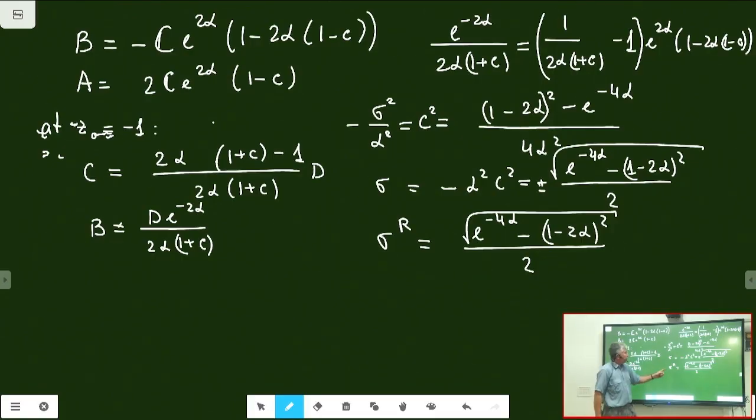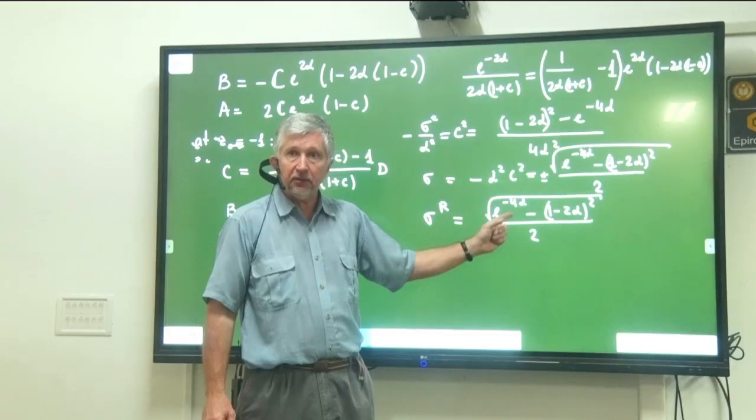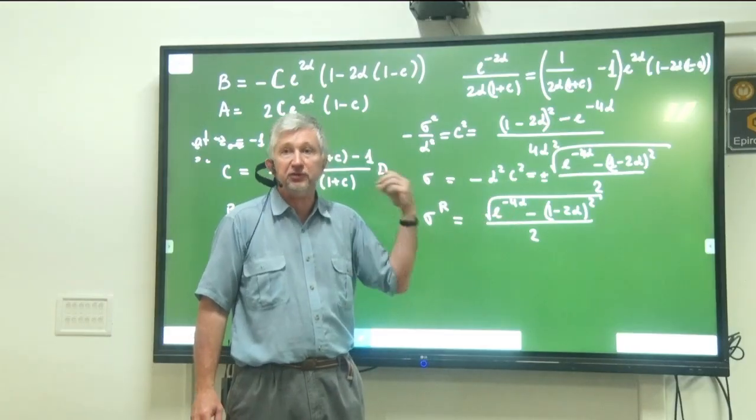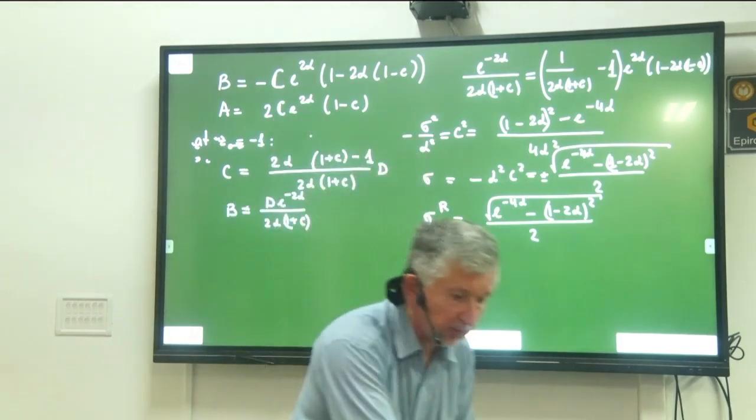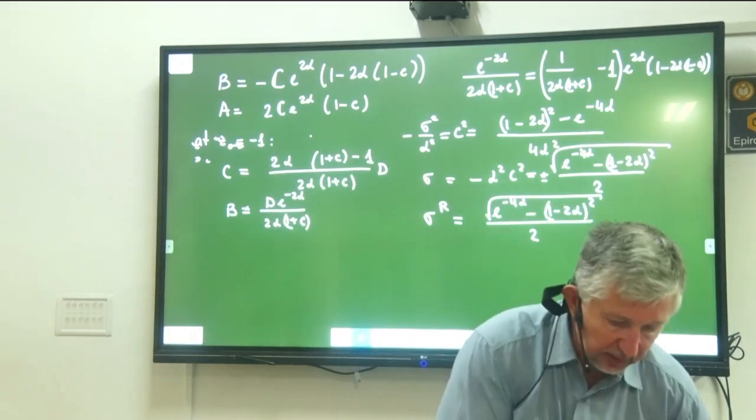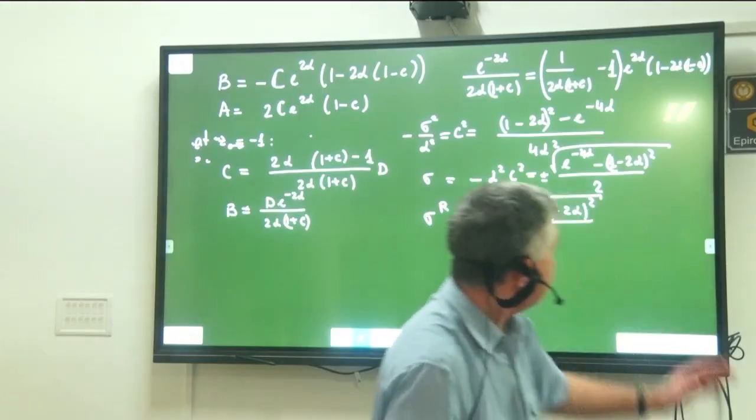Now, this is quite a complicated function. It is not trivial, right? So we need to plot it to see it. And that's what I will do next. So I will run a MATLAB code which produces a graph of this function.